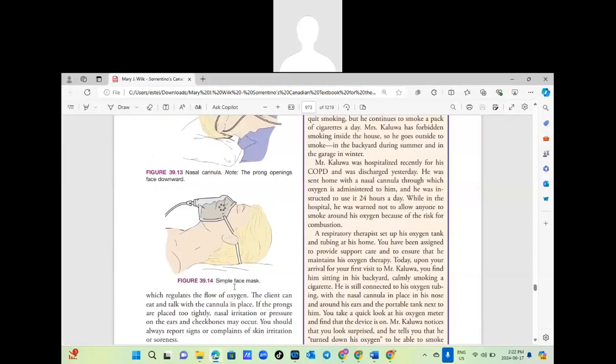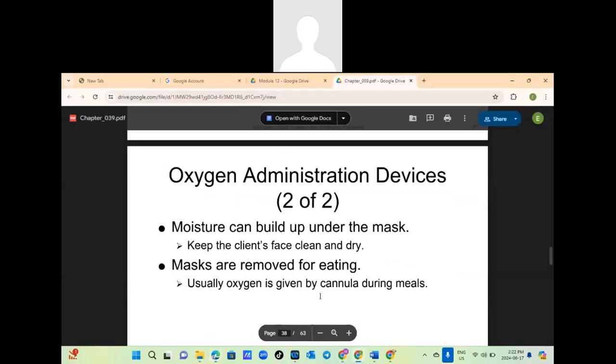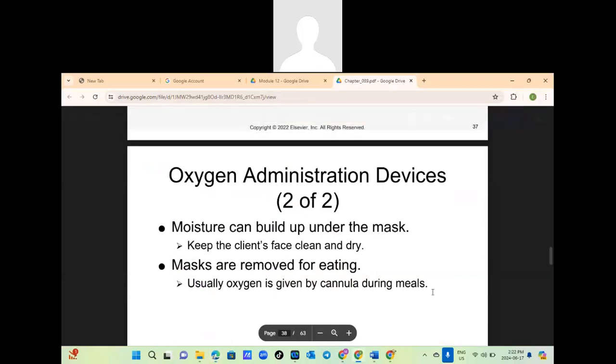So this is the face mask, the simple face mask. Moisture can build up under the mask, so keep the client's face clean and dry. Masks are removed for eating. Usually oxygen is given by cannula during meals.